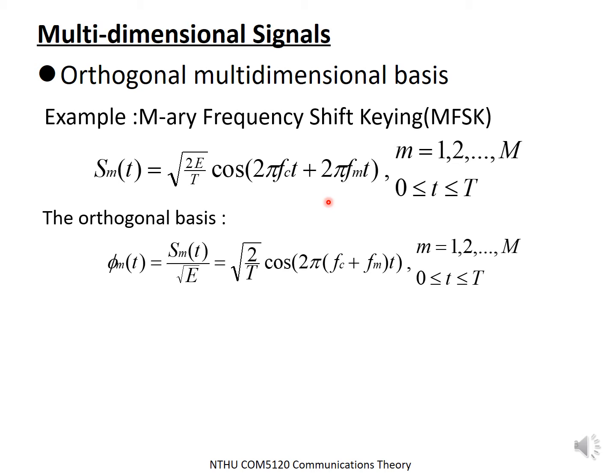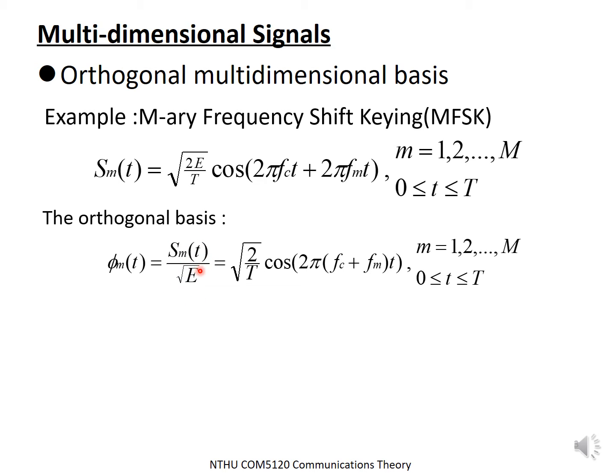We can construct the orthogonal basis for this set of m signal waveforms, and hence the signal space, by normalizing each signal s_m(t), where capital E is the energy of each signal.